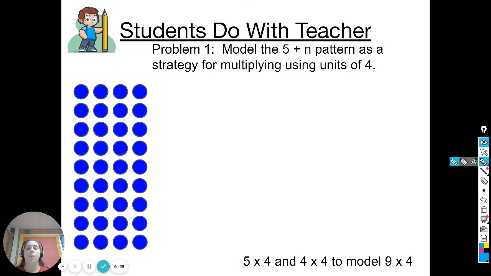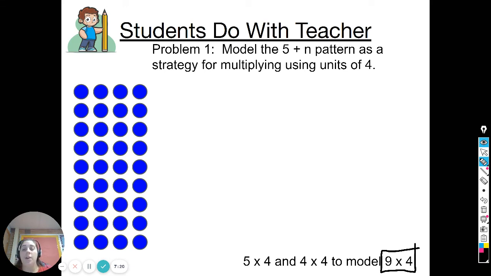Okay, now is the part where you're going to do it with me. Okay, so I'm going to give you just a moment to get this array drawn on your whiteboard. Okay, we are solving 9 rows of 4.